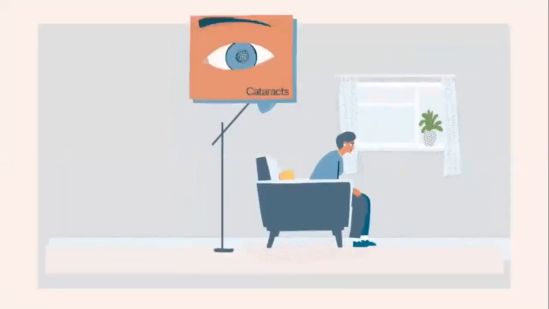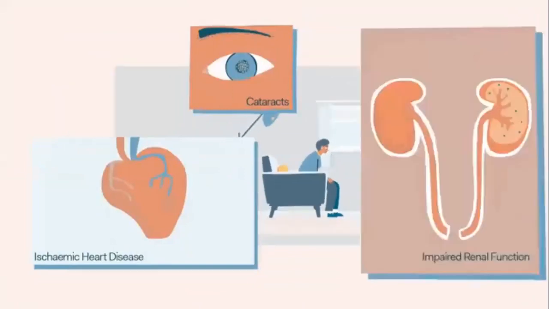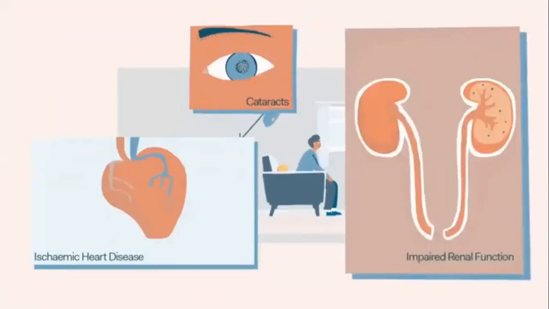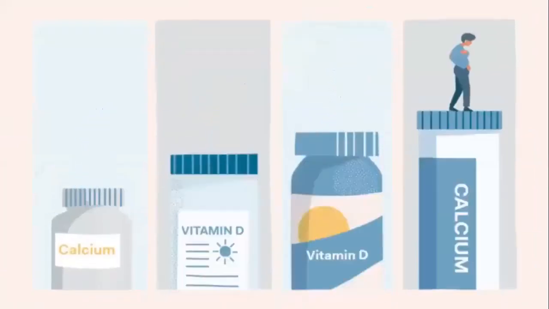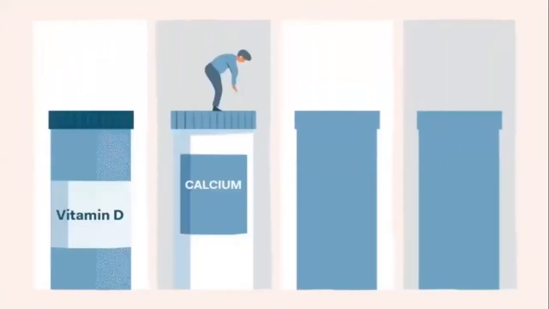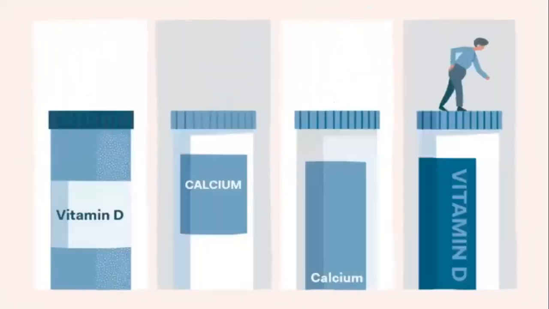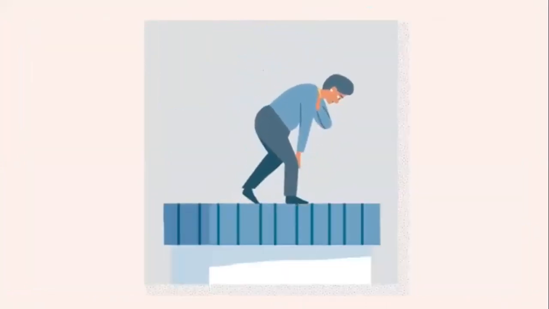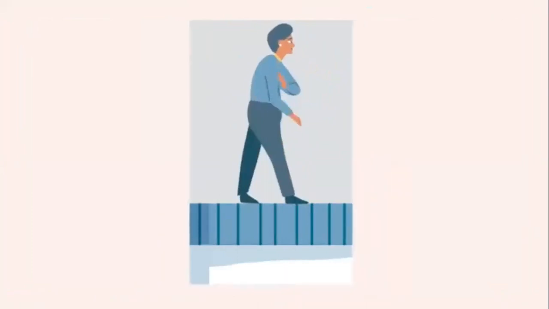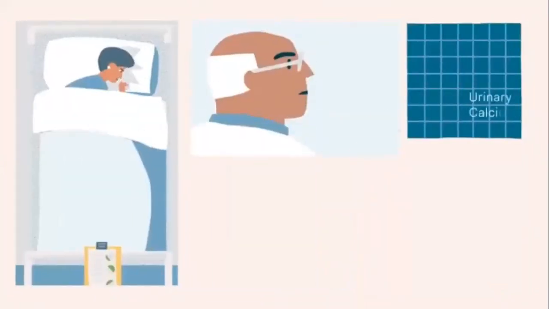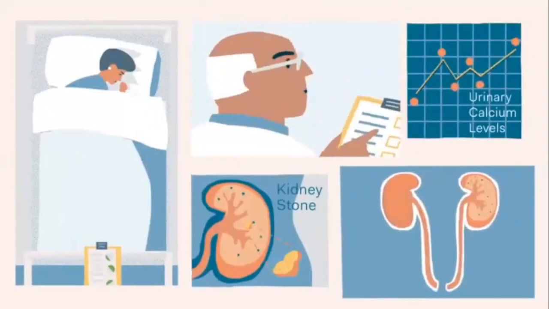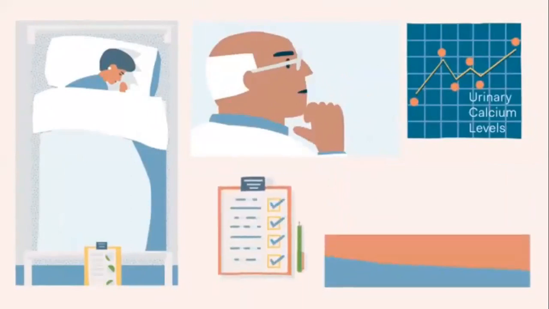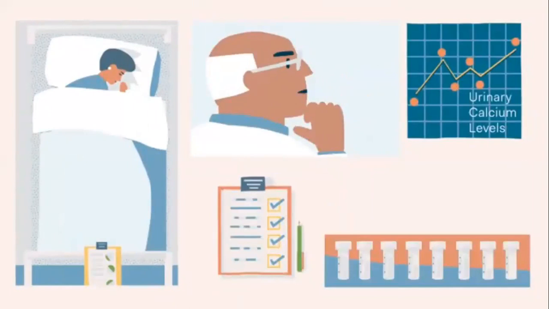More serious complications, such as cataracts, ischemic heart disease, and impaired renal function, can occur in chronic hypoparathyroidism. Standard therapy includes calcium and vitamin D supplementation. However, some people remain symptomatic despite treatment and may require higher doses. There are concerns about the prolonged use of higher doses, particularly with regard to hypercalcemia or increased urinary calcium, kidney stones, nephrocalcinosis, and declining renal function. ESE guidelines now suggest considering monitoring of urinary calcium excretion at regular time intervals over a 24-hour period.